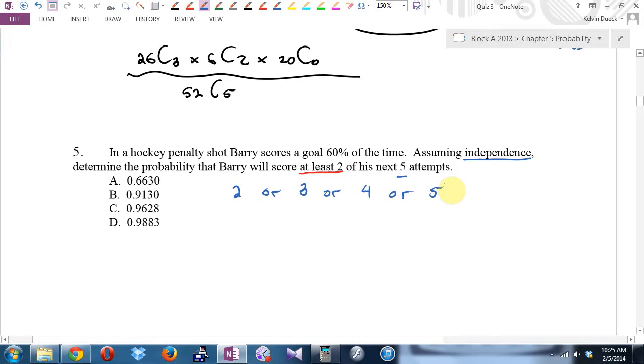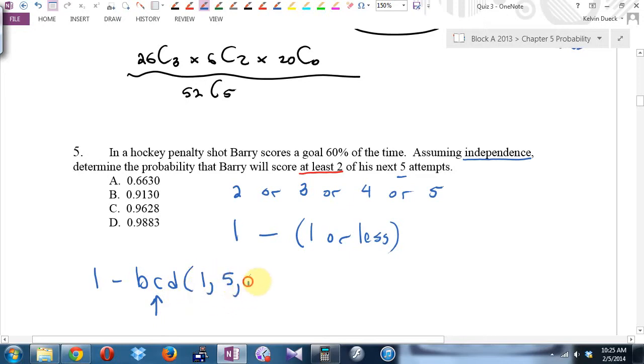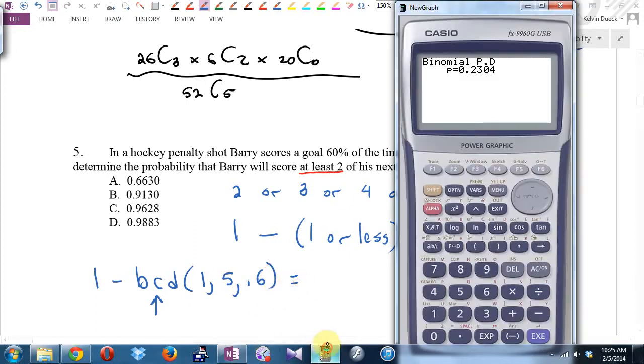What my calculator will do is, and then I can go 1 minus that, which is going to be 1 minus the cumulative distribution of 1, 5 shots, 0.6. Mr. Dueck, that was terrible.